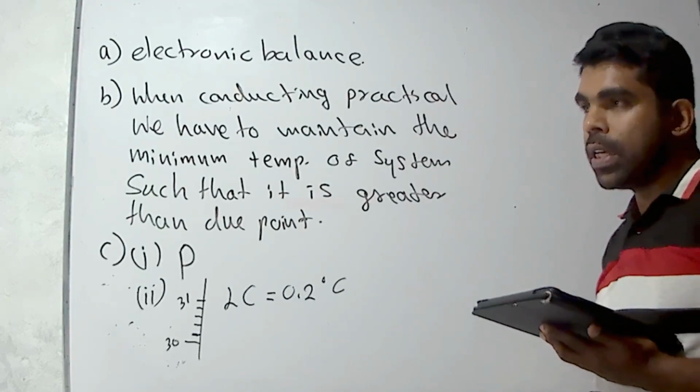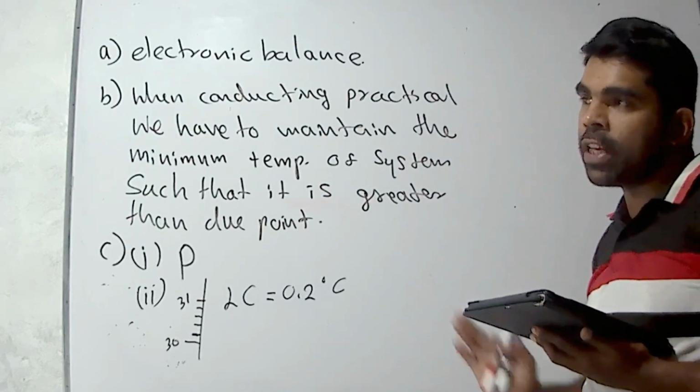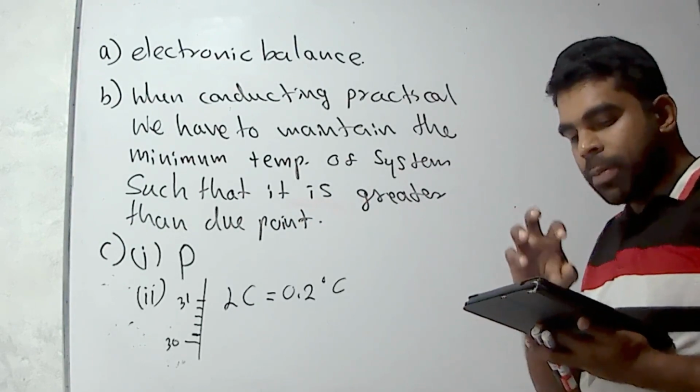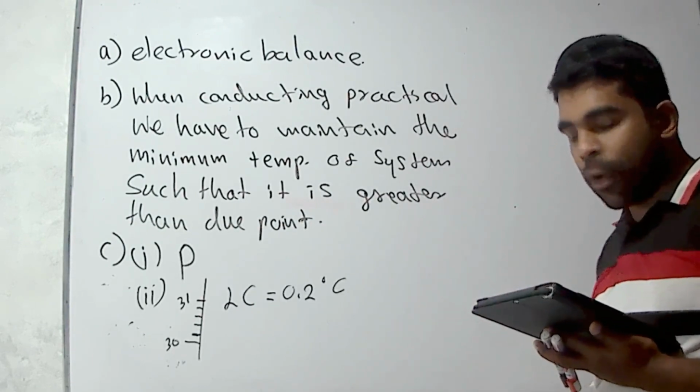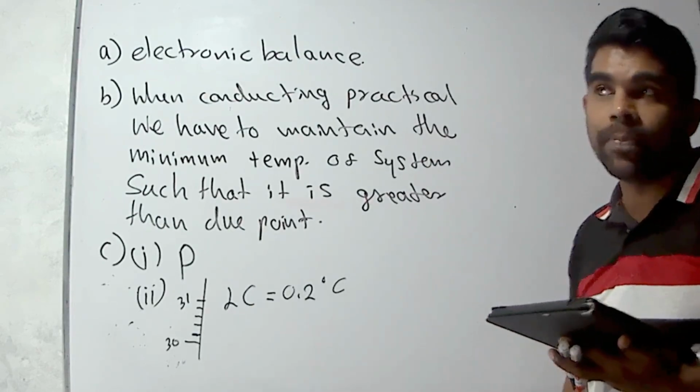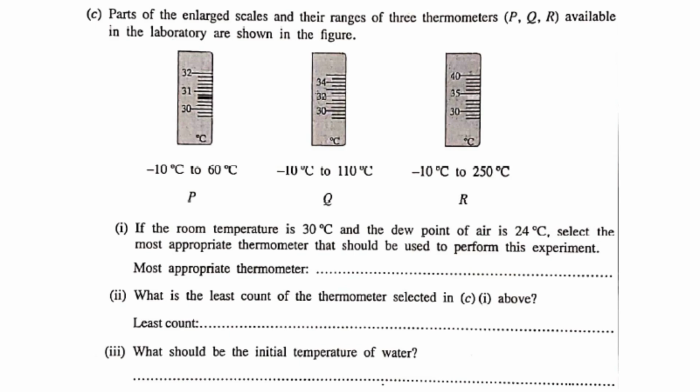But we have to use the thermometer with maximum sensitivity. The maximum sensitivity is for the P thermometer because the least count is the minimum value for the P thermometer. In part 3, what should be the initial temperature of the water?